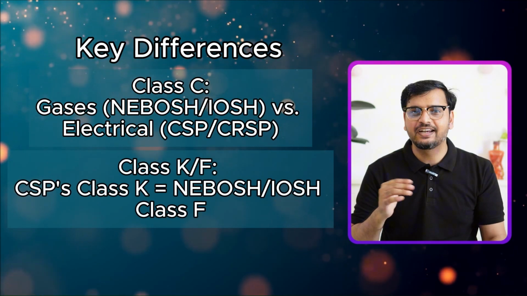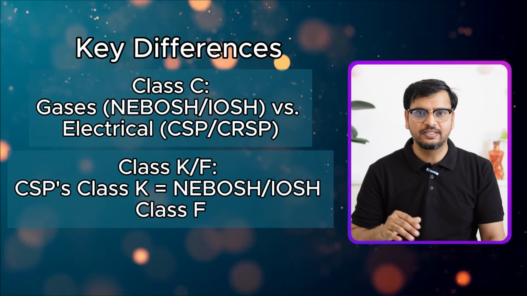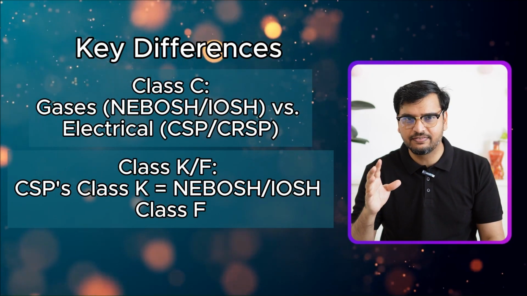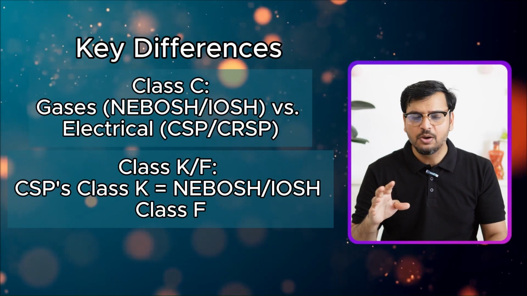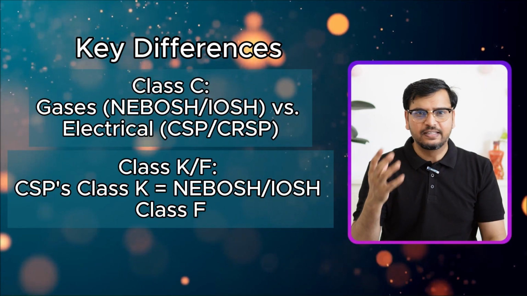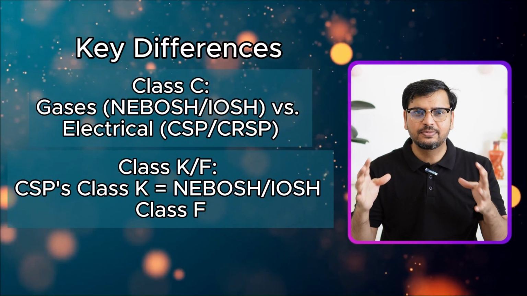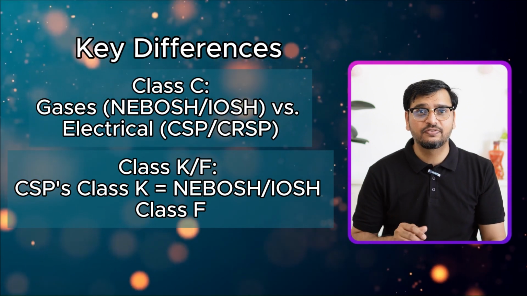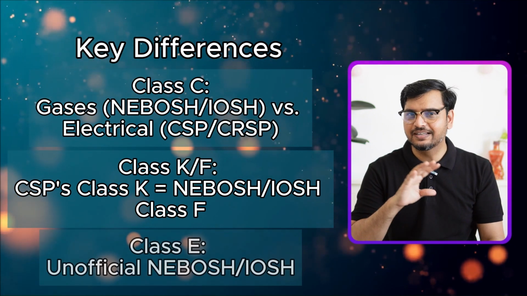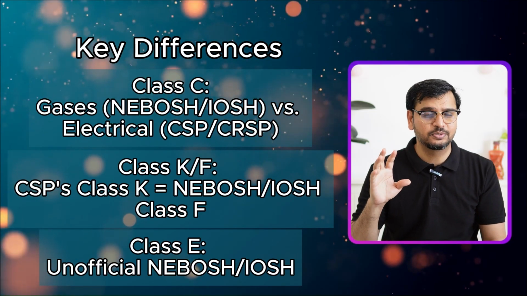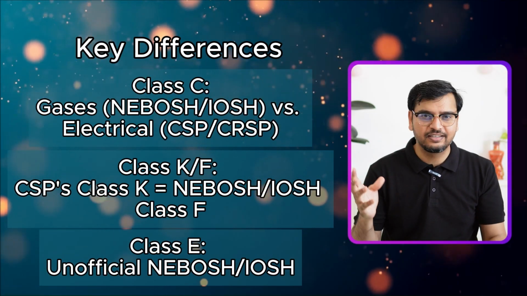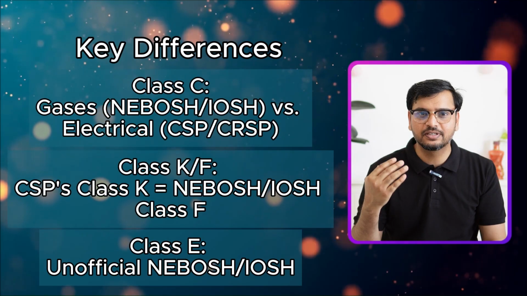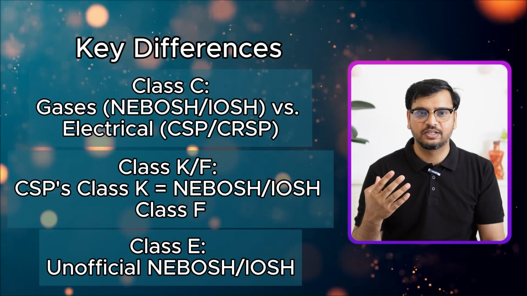About Class K and F, interestingly, in CSP, Class K is similar to Class F fire mentioned in NEBOSH and IOSH, both involve oils and grease. It's crucial to keep this distinction in mind for effective fire safety planning. And yes, don't forget the unofficial inclusion of Class E in NEBOSH and IOSH classification. It's again electrical fire, but not considered official by NEBOSH and IOSH.